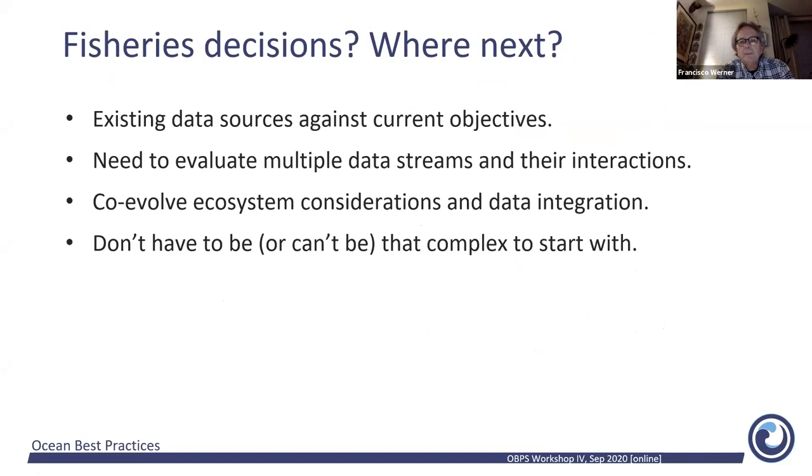I try to keep it high level because I think the more important part will be our discussions that follow. So we have to weigh existing data sources, legacy data sources, against what might be current objectives. We need to evaluate multiple data streams now and their interactions. How do we put these all together?